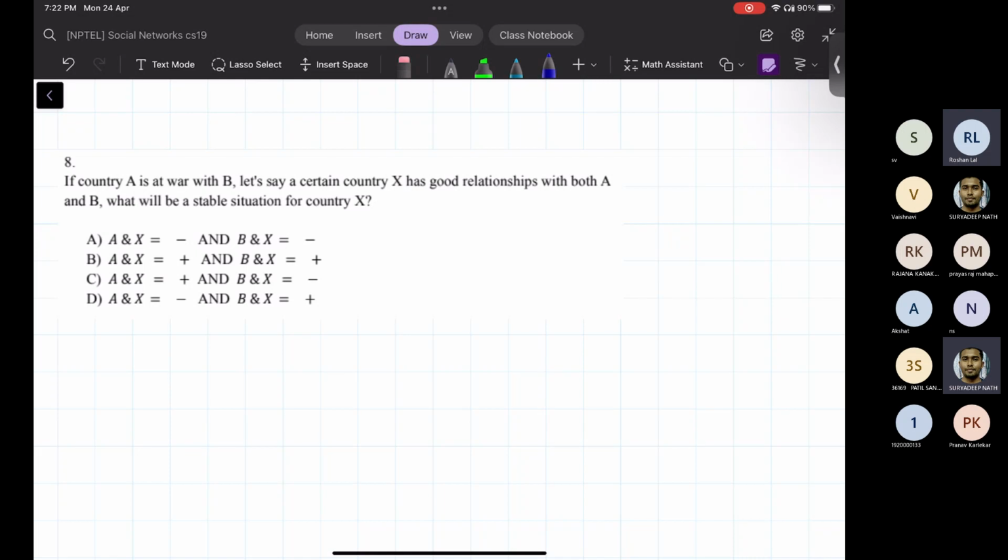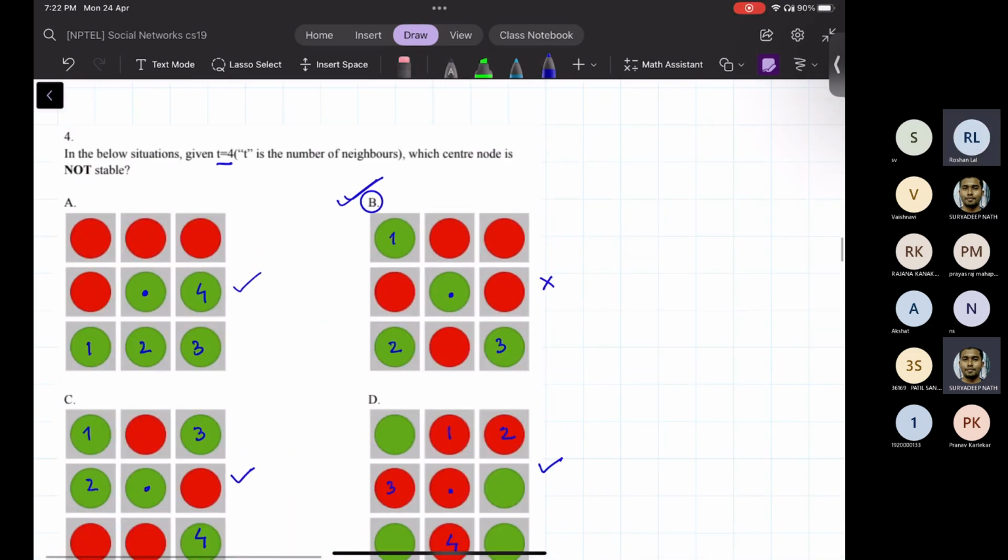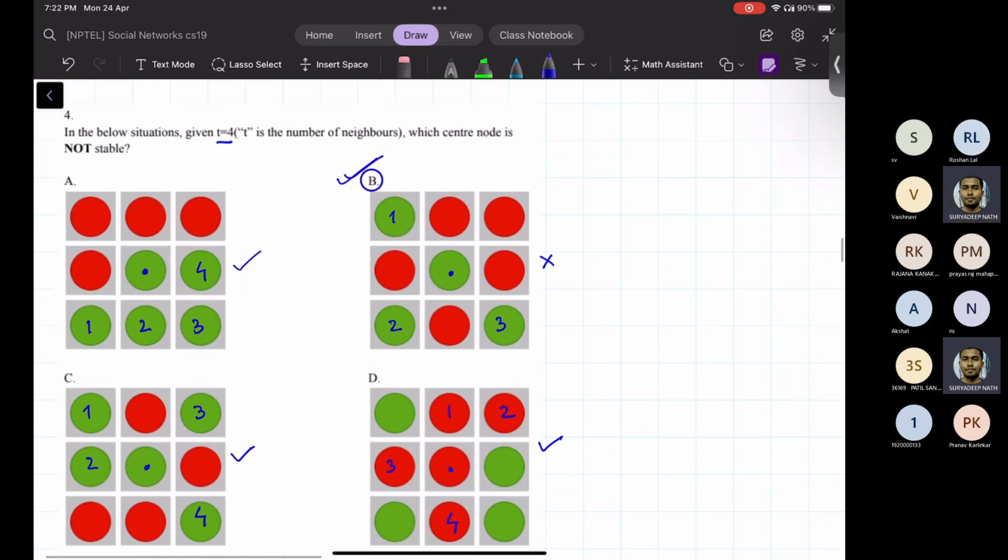In a previous question, I have one more doubt. For example, which is stable or not stable according to the Schelling model. So we have to count the 8 cell positions around the ball, for example with the same colors.